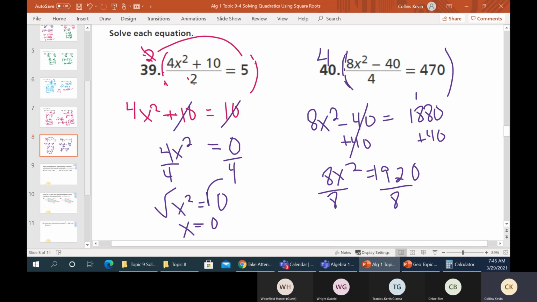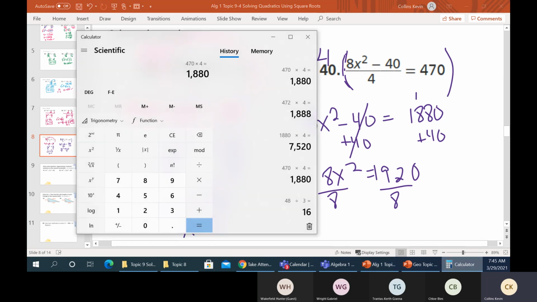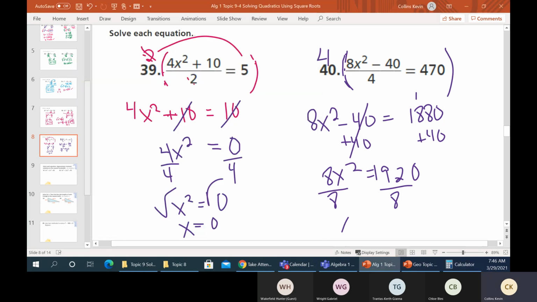I'm not going old school here, I'm using the calculator. 1920 divided by 8 is 240. So x squared equals 240, square rooted, right? And then we get x equals plus or minus the square root of 240.